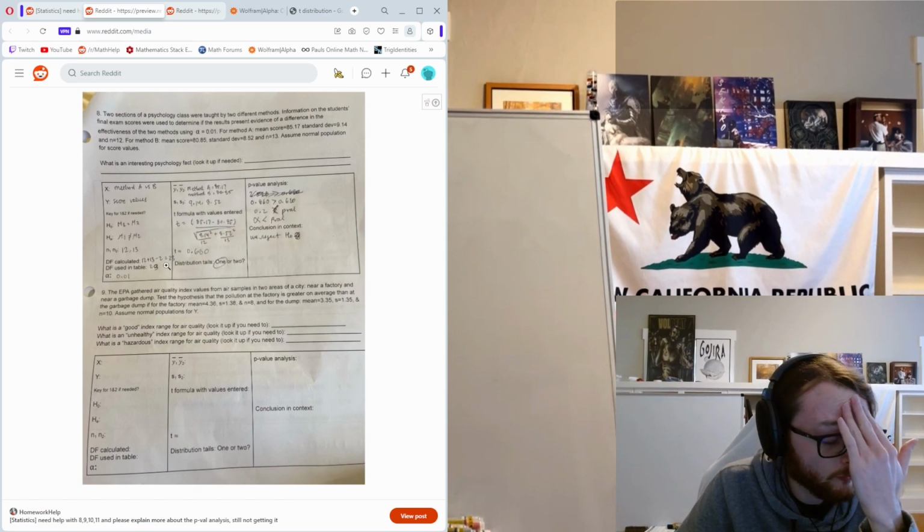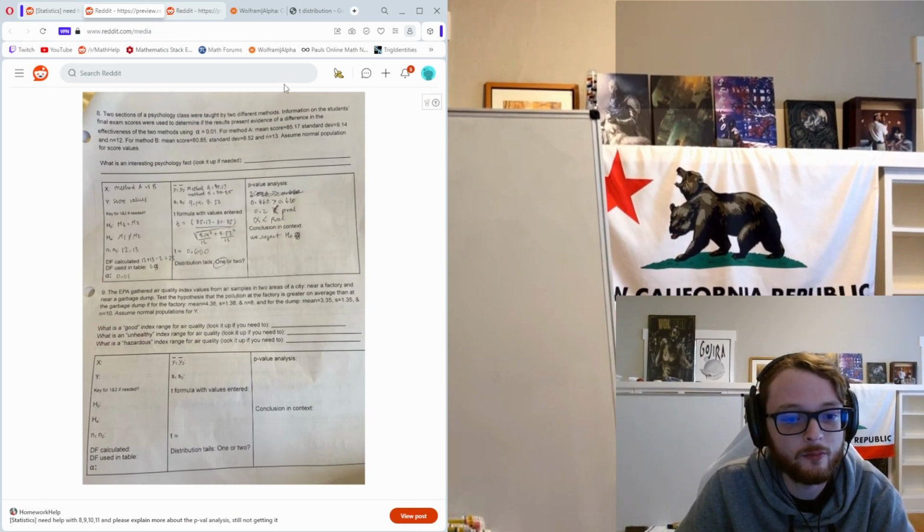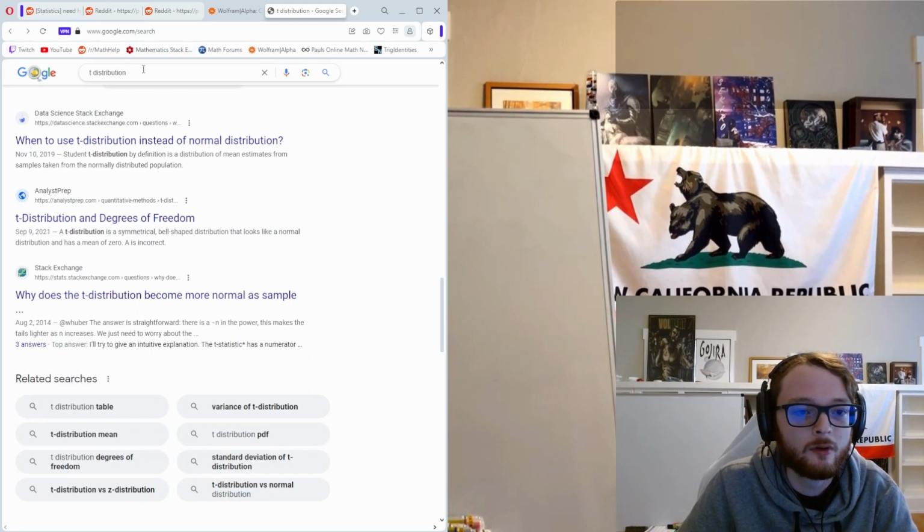Now, when you have a 2-sample t-test, do you simply add the n's and subtract 2 for your degrees of freedom? Let's see. 2-sample t-test.